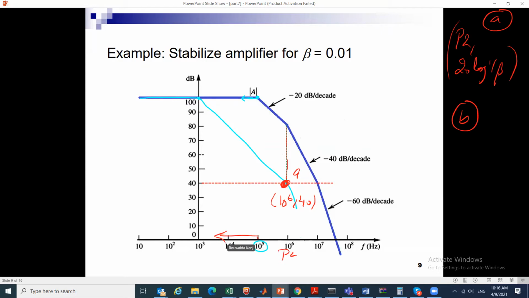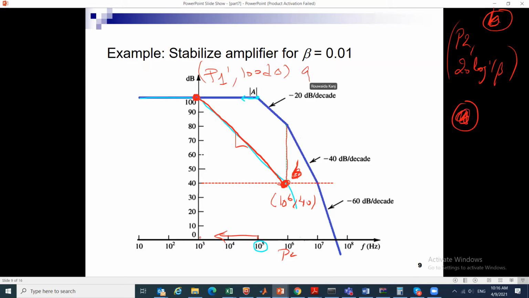I'm moving P1 backward to a point or to a frequency, okay, to obtain this. So this point qualifies as P1 prime. And what is the magnitude here? It is 100 dB. So this is my point, so we call it B. Okay.